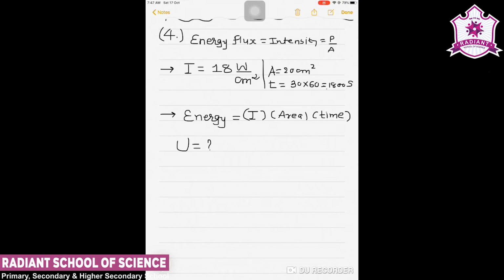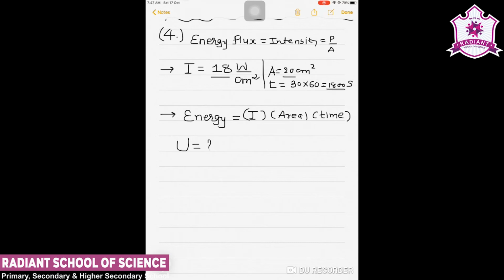1800 seconds. So here all the quantities are provided. First of all we can find the energy, and on the basis of that we can find the momentum, and then momentum upon time is considered as force, as per 11th standard.